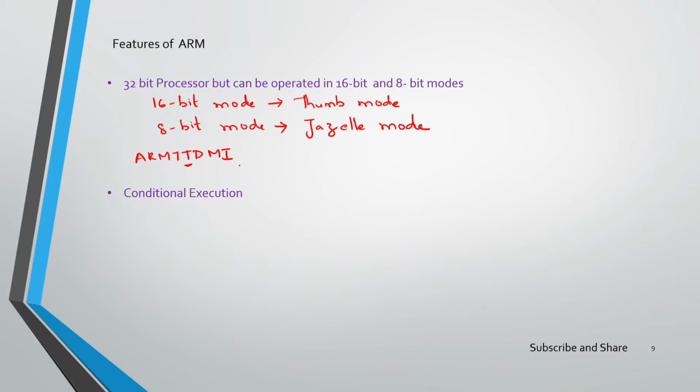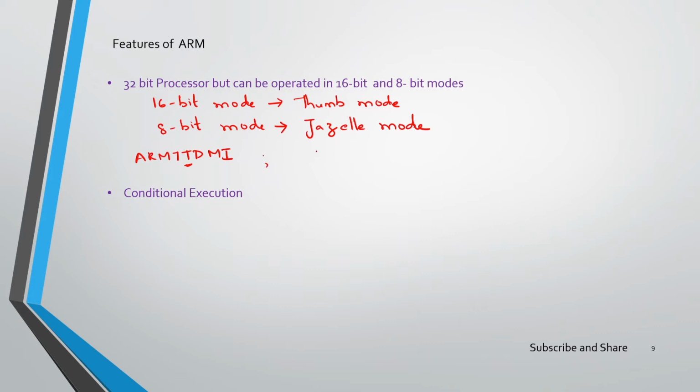In the instruction pipeline, they implement decompression hardware. By going with the Thumb mode, the code density achieved will be better than what we achieve with most of the CISC processors.